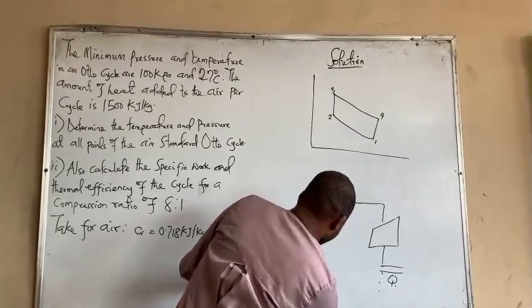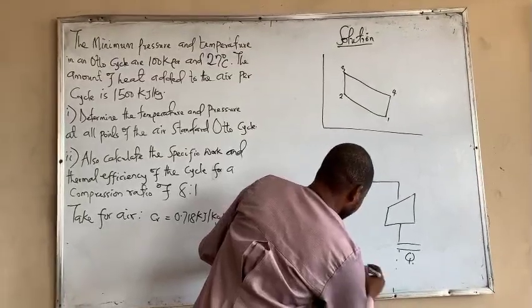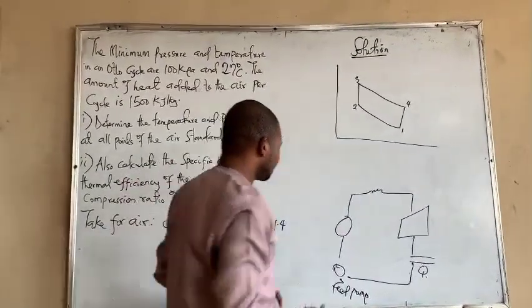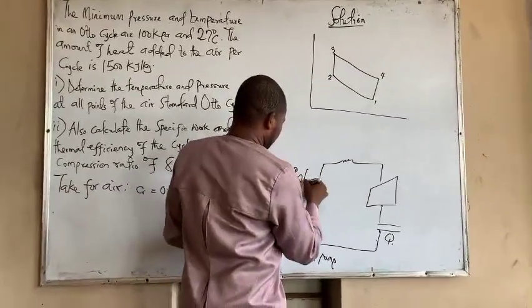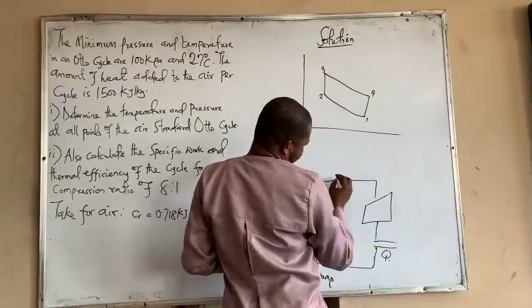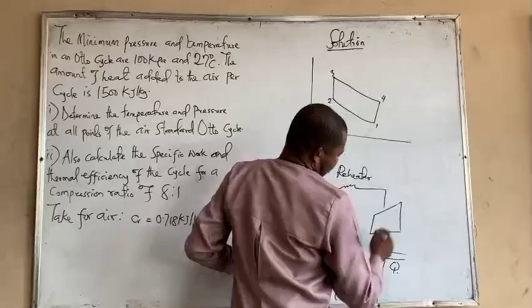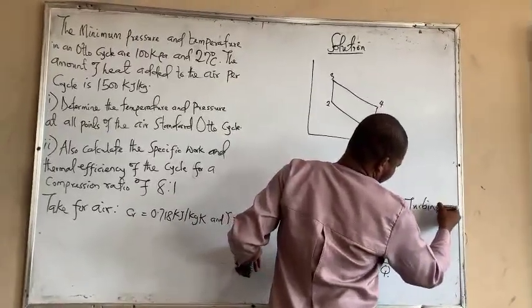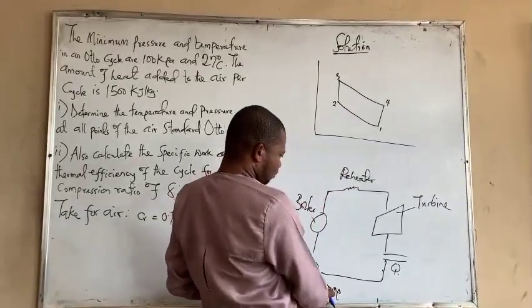Then you have the feed pump, and then you finally have this. This is my boiler. This is my reheater. This is my turbine. This is my feed pump.